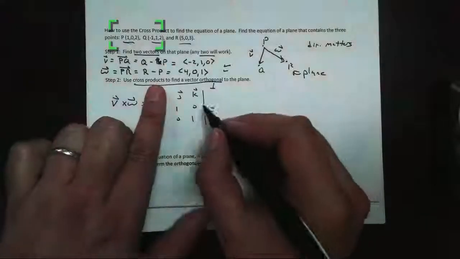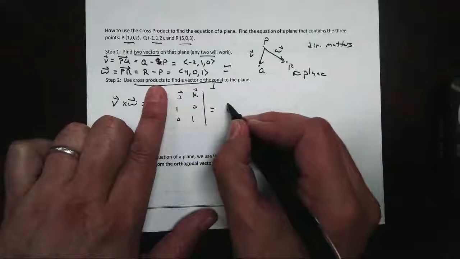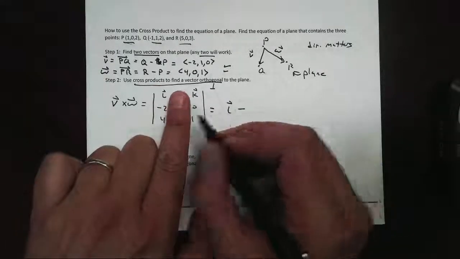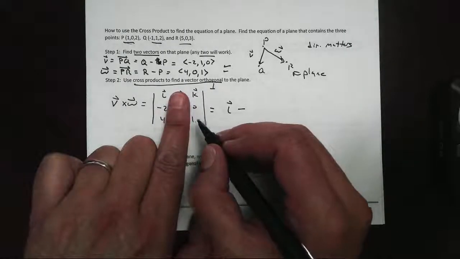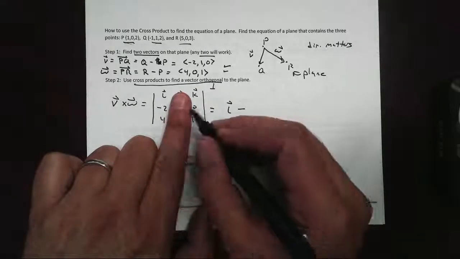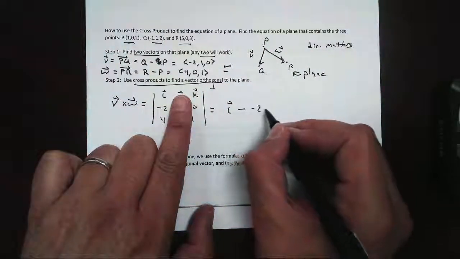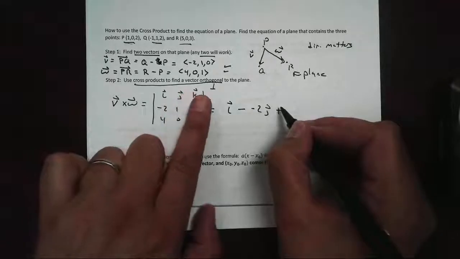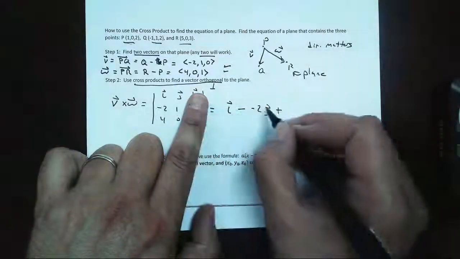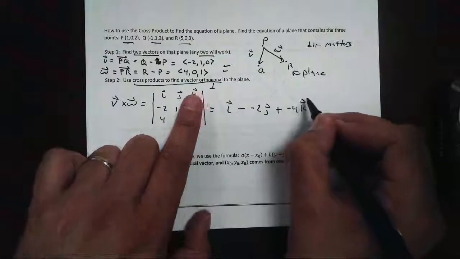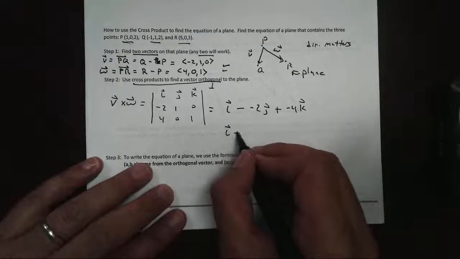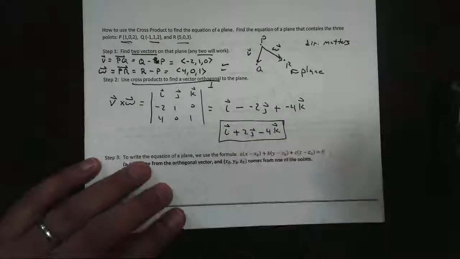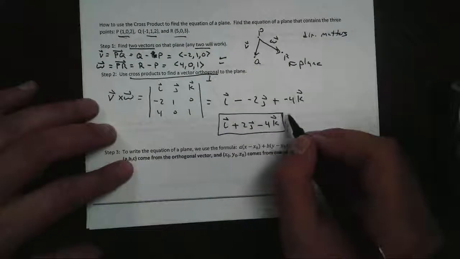That would give us i times 1 minus 0, minus, don't forget, we're going to do minus here, do the j's, negative 2 minus 0 becomes negative 2, so minus negative 2j, doing the k, plus, don't forget, this becomes 0 minus 4, so negative 4k. So we would have i plus 2j minus 4k. And that would be our vector.